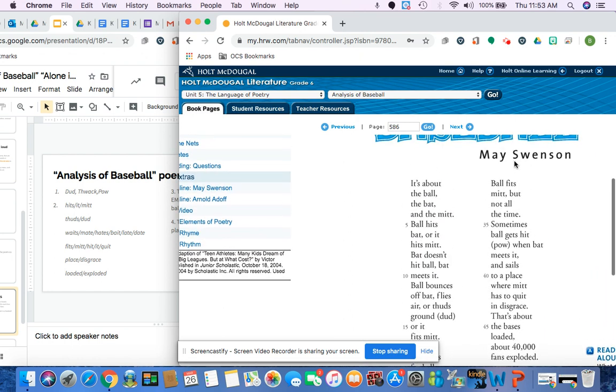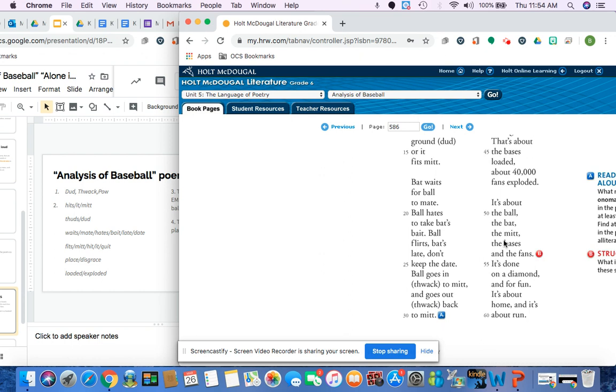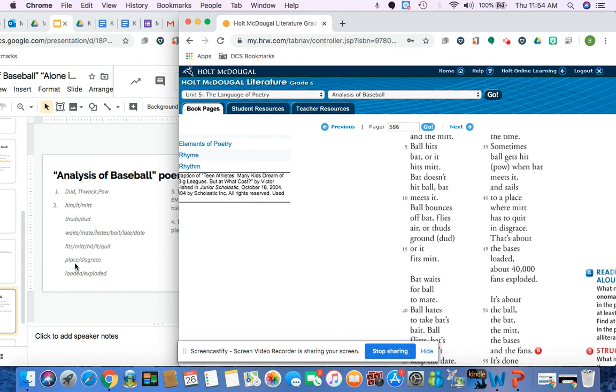If we go up here, we'll see fits, mitt, hit, quit. As you see with that one, a lot of the rhyming words are still in that stanza together, but they're placed in different places. So as you can see with rhyming, it pretty much seems to be going off of the stanza it is found in. And then the last one is place and disgrace were in here as well.